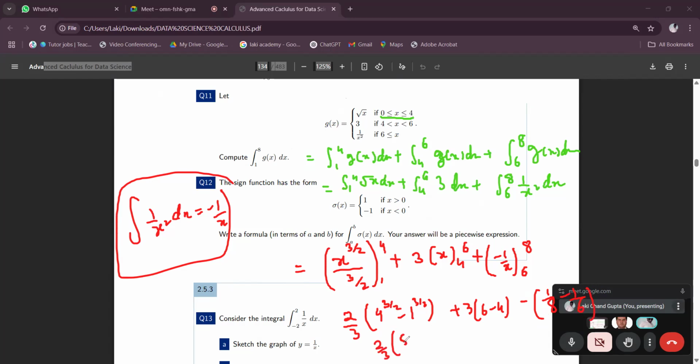When you use the calculator, you get minus 1 over 24. 8 minus 1, 7. 14 over 3 plus 6 plus 1 over 24. 173 upon 24.